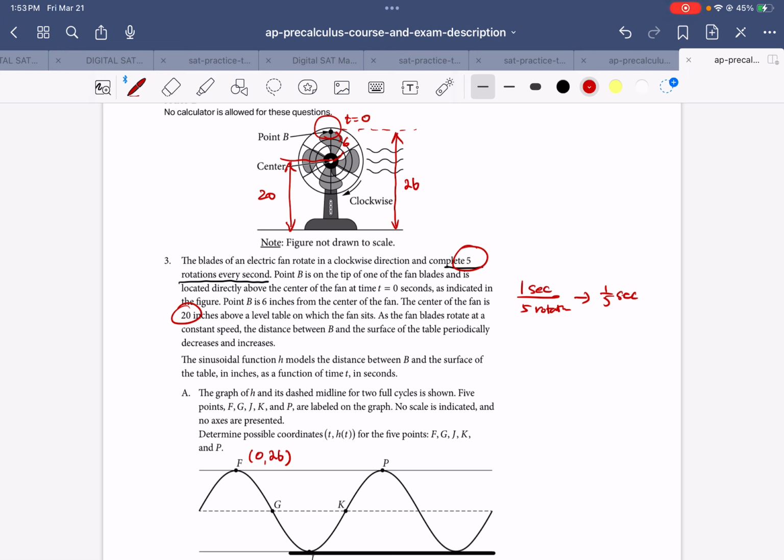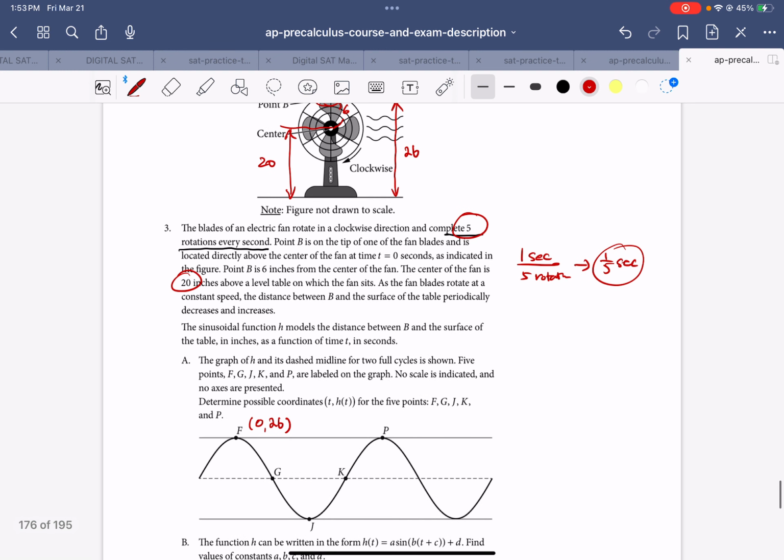So it takes 1/5 second to finish 1 rotation. That means from here to here, the period is 1/5. So at P, the point is also 1/5 second later, at the same height, which is 26. So you can find the coordinate of P first.